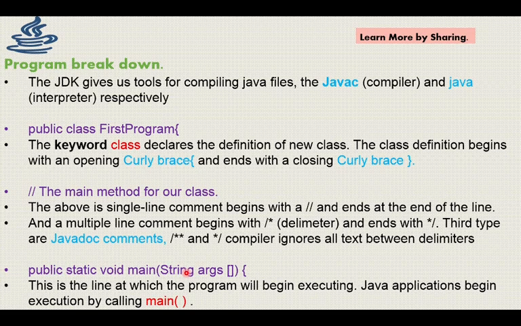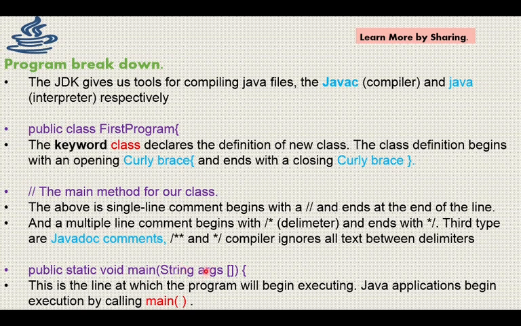So that is the data type string. This is our main method. A program will start executing at this line. Okay, so public static void main, right? So this is the main method.